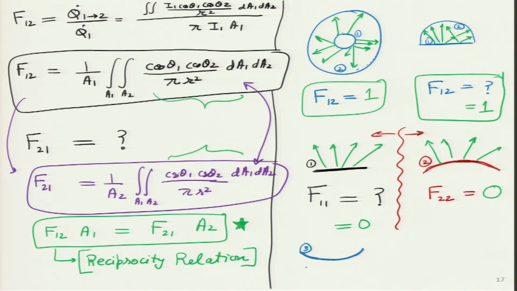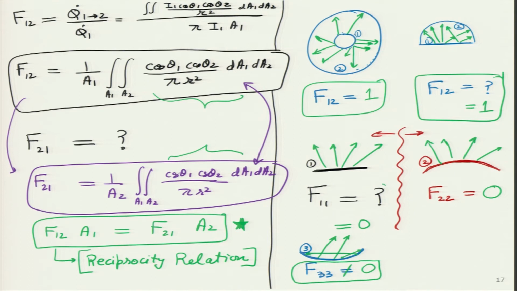If I ask what is the value of F33, then again I draw these radiations. This radiation is going up, this is going up, but the third radiation is hitting over here. Then this radiation over here is hitting this particular surface, which means in this particular case I have to say this is not equal to 0.